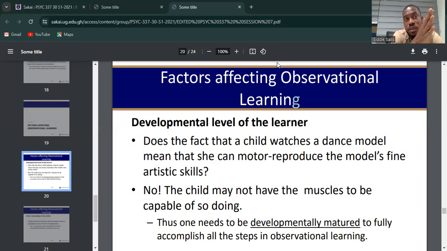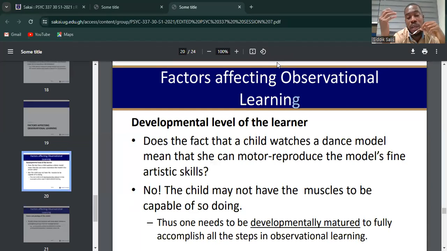How many of us have watched Bruce Lee, Jet Li, Jackie Chan, and we can mimic what they do? Or Michael Jackson's backsliding. I've watched it over and over, but here we are talking of the developmental level, not even the ability per se, but the developmental level comes with the ability, right?